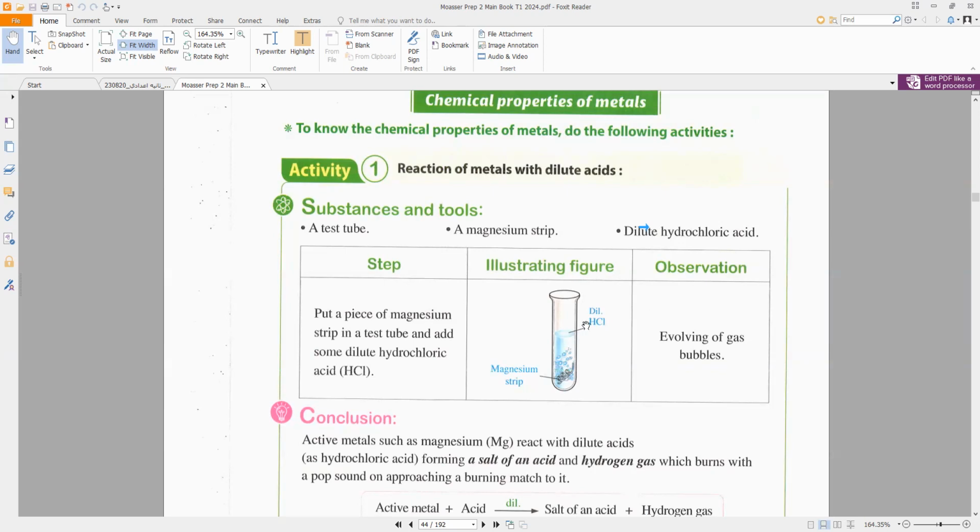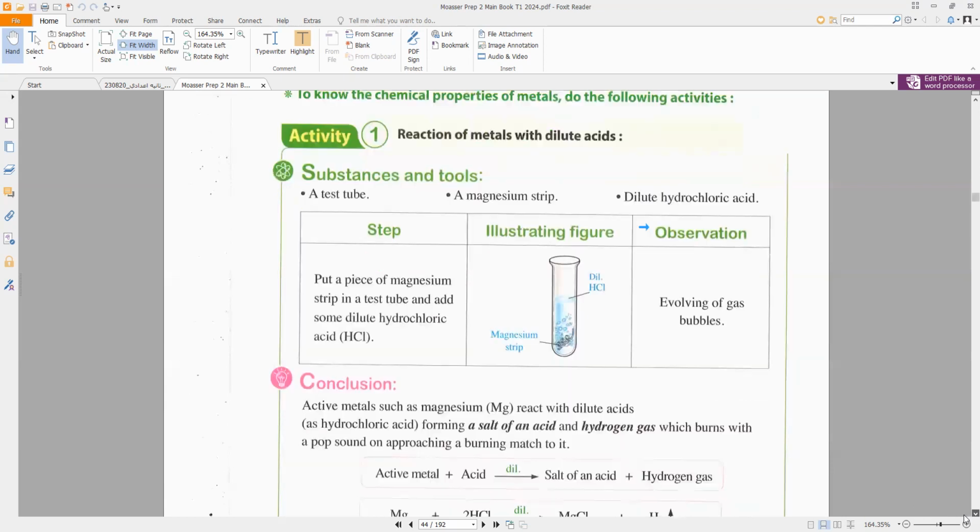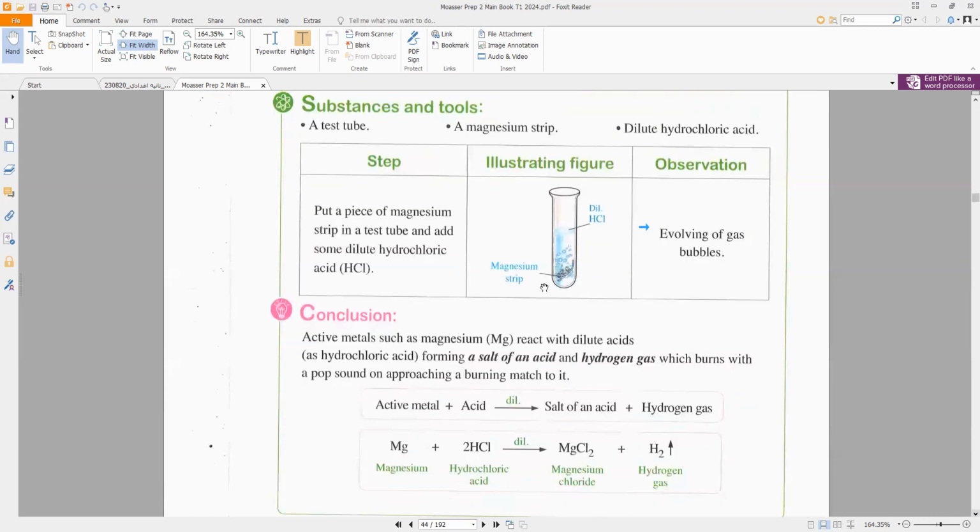When we add magnesium to dilute hydrochloric acid, we see bubbles evolved, and this bubble is gas. The gas bubble evolves and gets out from the test tube. After testing it, it's hydrogen gas. So when any metal reacts with dilute acid, hydrogen gas evolves and gets out from this reaction.